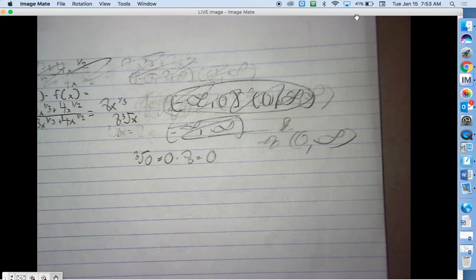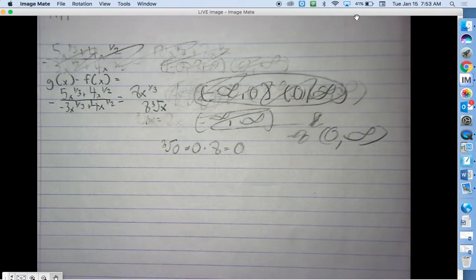So, because the top one has the 1/2, which would be the square root of x, then it would have to be from 0 to positive infinity. And it would be a bracket with the 0, because his first function is 4 times x to the 1/2, which is the square root of x, and a square root can have a 0.